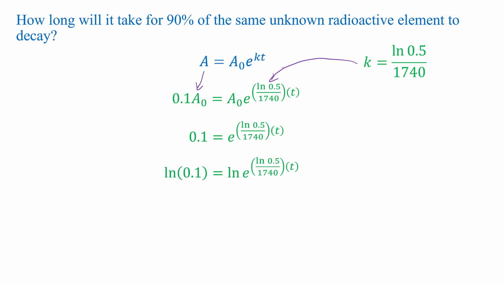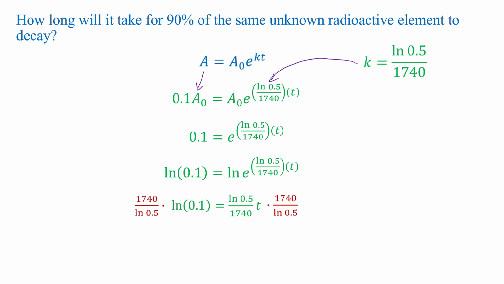I take the natural log of each side, and realizing the natural log of e^(kt) is the same as kt, I now have ln(0.1) = ln(0.5)/1740 times t.